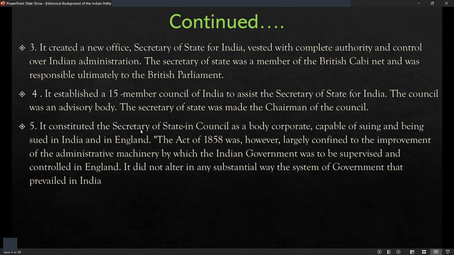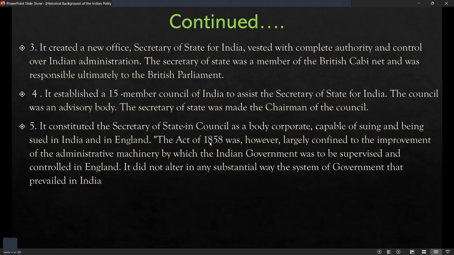So it was a corporate body, and it could sue and be sued in India and in England as well.